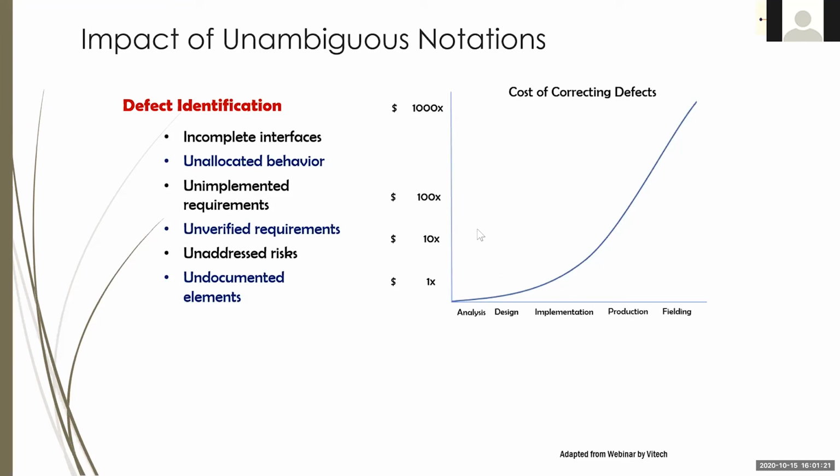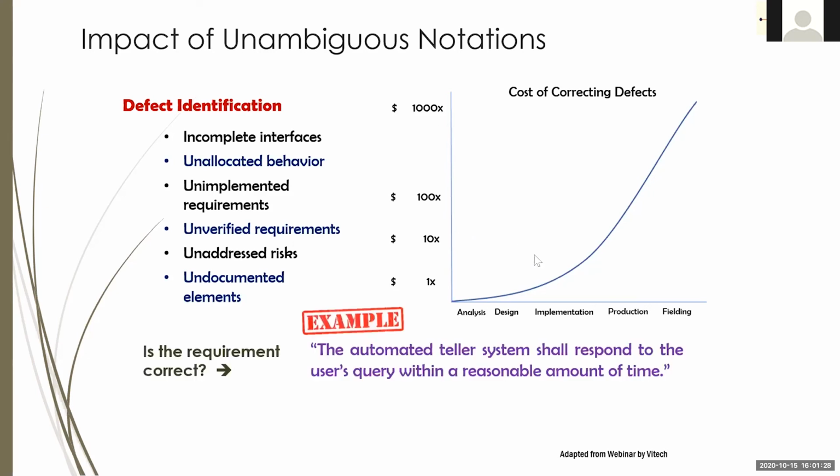And on the y-axis, you have how much it costs to fix it. So the later that you find the defects, the more cost it has on your development cycle and in your product. So what you've got to do is try to identify defects as soon as you can. And by using models and having tools that allow you to identify inconsistencies or completeness aspects in your models, it's very useful.